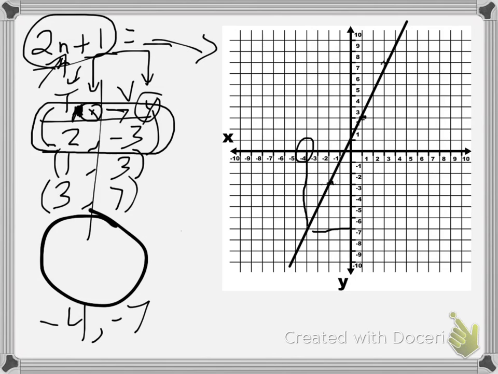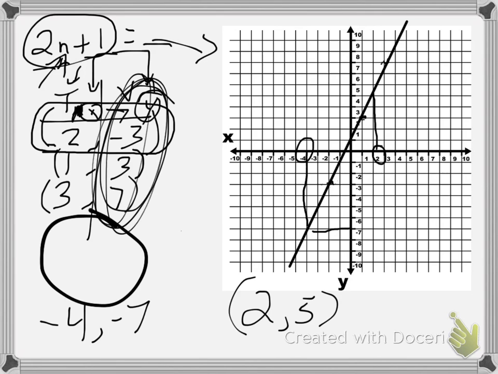Let's say the second term, well, I go over to 2, and I go up until it matches the line, and now I know my second term is going to have a value of 5. And just simply by reading the graph, this line will continue on forever and ever. As I go further down the line, I'm going to increase the value of what it is based on the term.